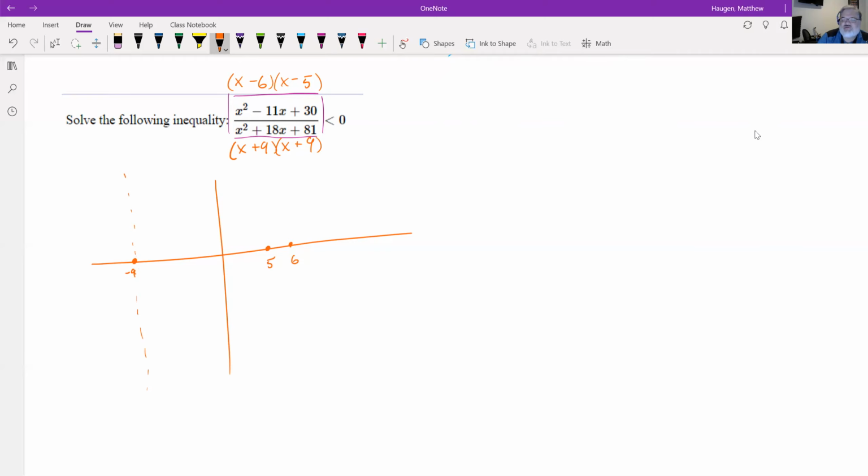It also tells us, since the degrees match, that we have a horizontal asymptote at 1. Is that fair?